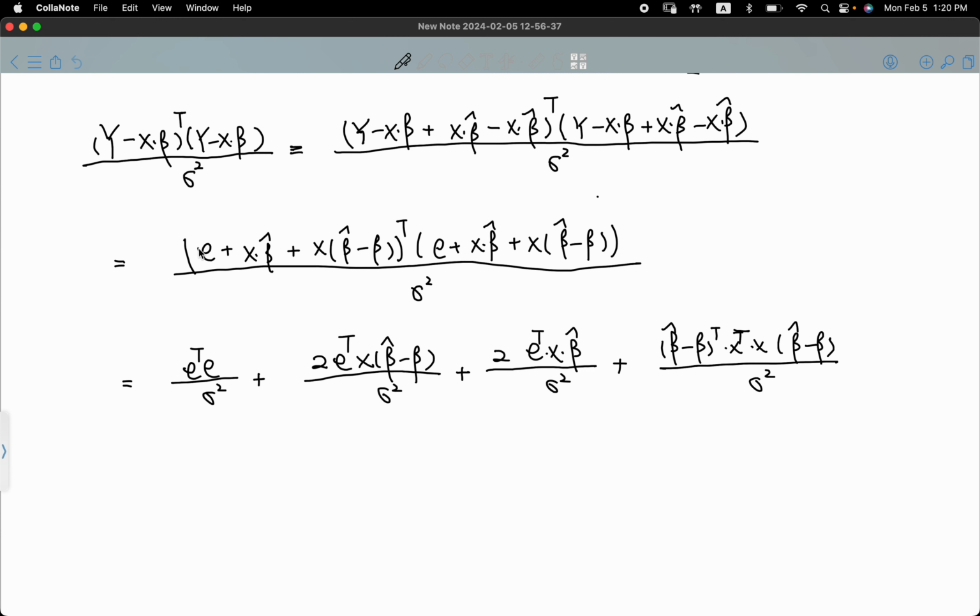So we are just expanding the square term on the numerator. Just double check. 2 copies of that, 2 copies of E multiplied by that. Okay.